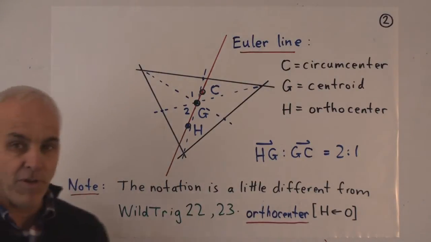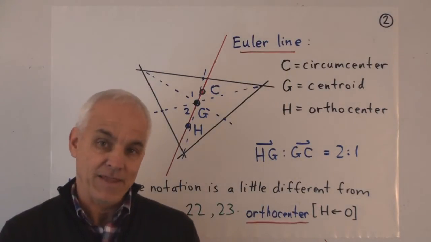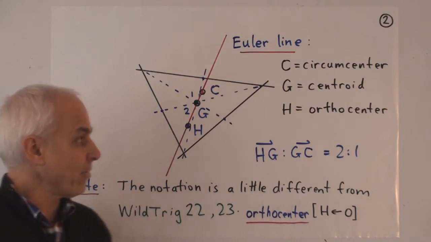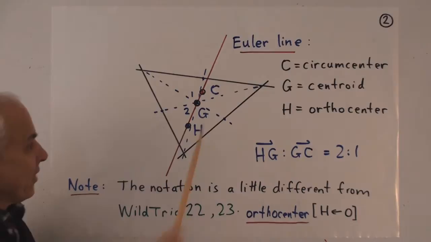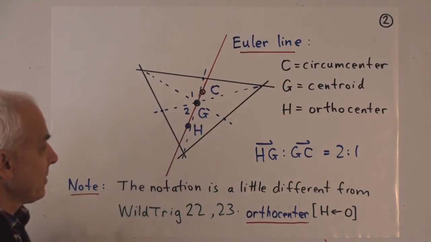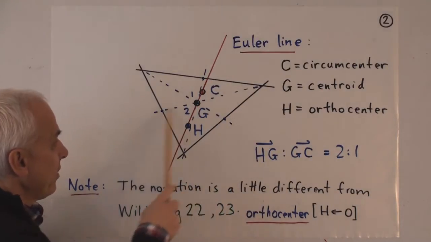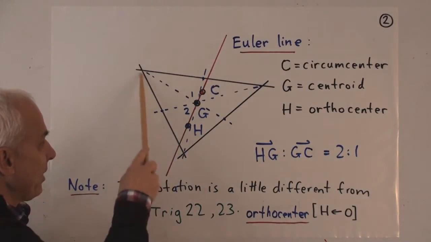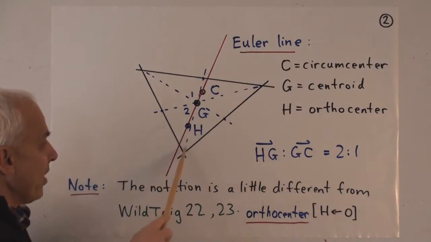It's truly remarkable that it was only in the 18th century that this was discovered. Truly remarkable. So there's the circumcenter, which is also the center of the circle that goes through the 3 points. The centroid, the place where the 3 medians meet, and the orthocenter, the place where the 3 altitudes of the triangle meet.